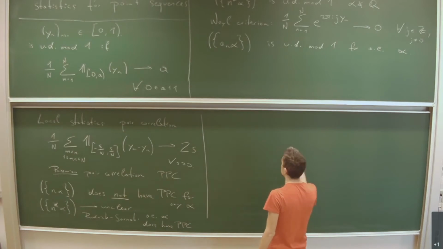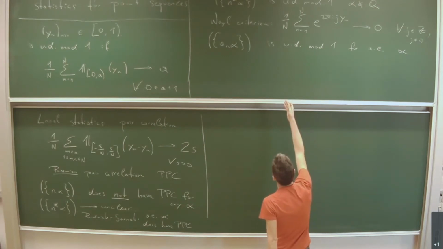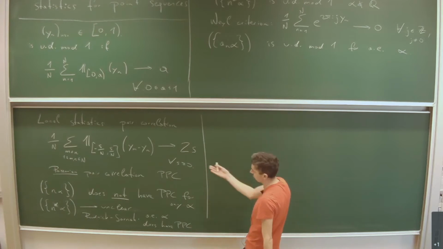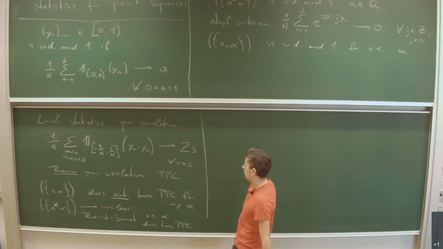I said in equidistribution theory, the metric theory is very simple. Whatever sequence you start with, a_n, you always have uniform distribution mod 1 for almost all alpha. Here it's different, obviously it's more complicated.